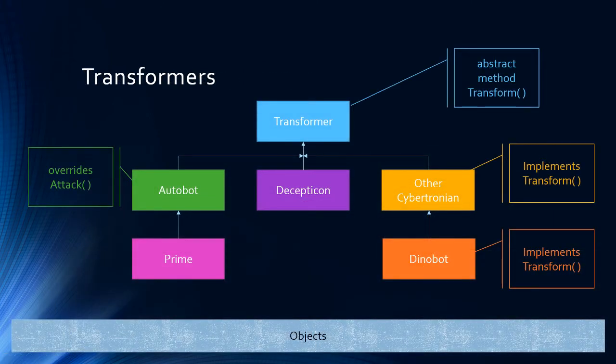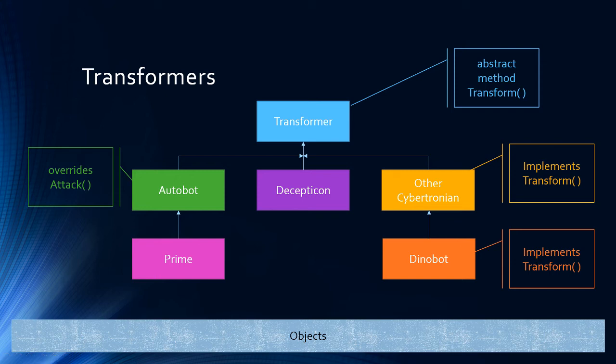So if I look at my transformer, it contained that abstract method, transform. Because it was abstract, we said any derived class that bases itself on the transformer class has to implement that transform method. So the Cybertronians, the other here, they have to implement their own transform method. Dinobots have to implement their own transform method.